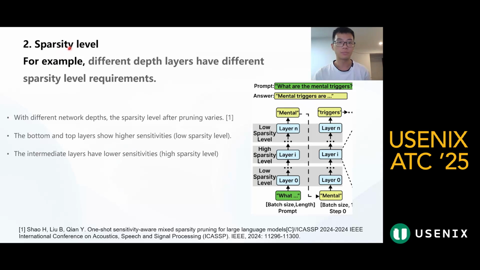For sparsity level, different types of layers have different sparsity level requirements. For example, a recent study found that the bottom and the top layers show higher sensitivities, so they require a low sparsity level, but the intermediate layers have lower sensitivity, so they require a higher sparsity level.